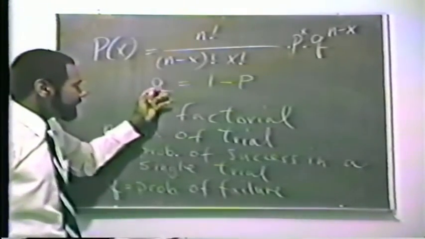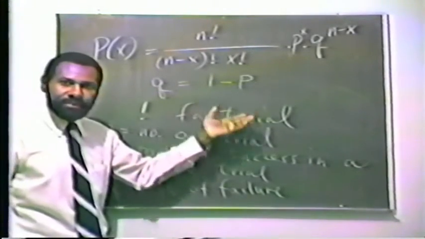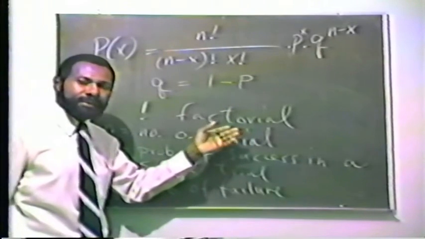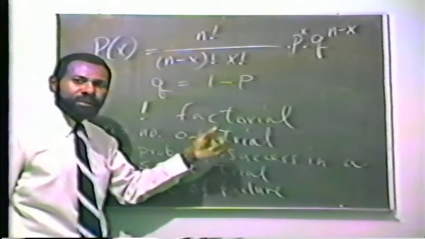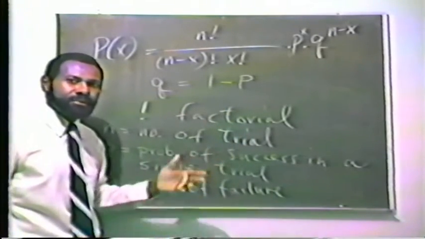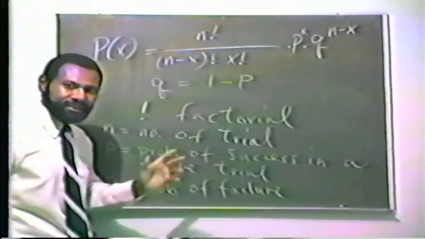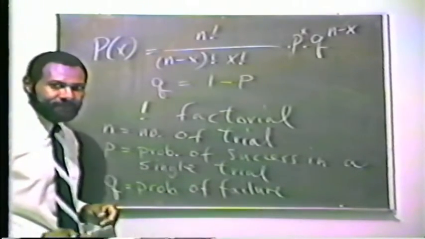So this means that Q is equal to 1 minus P. If we know the probability of success, we can find the probability of failure simply by subtracting it from 1, because that's the complementary probability.